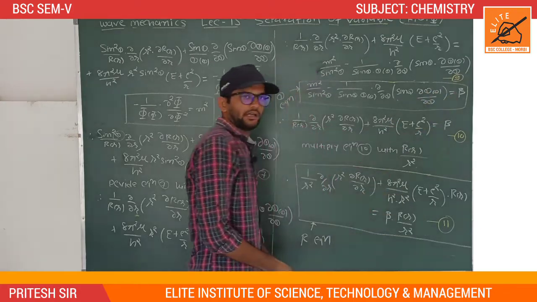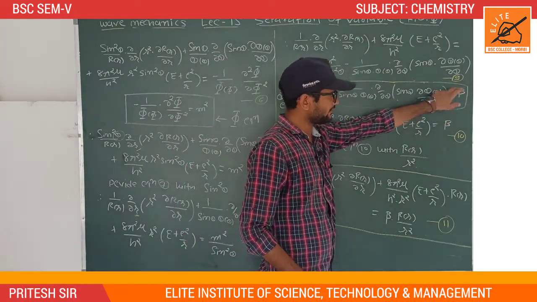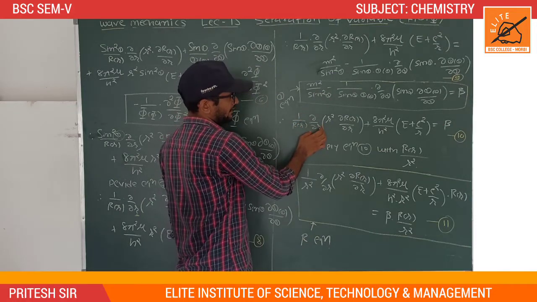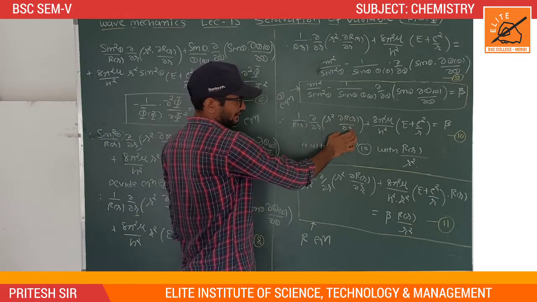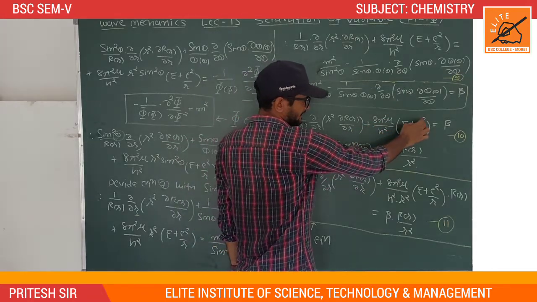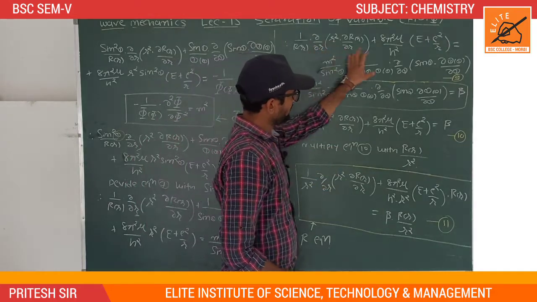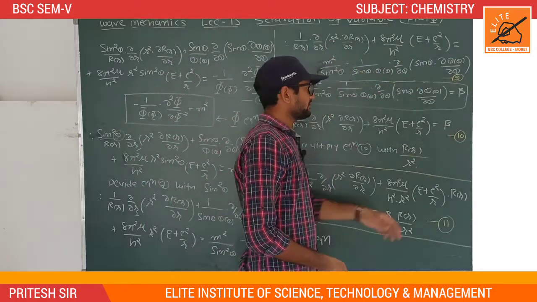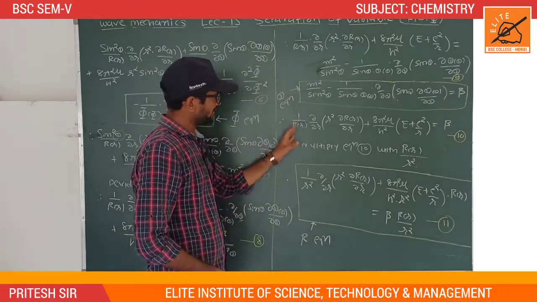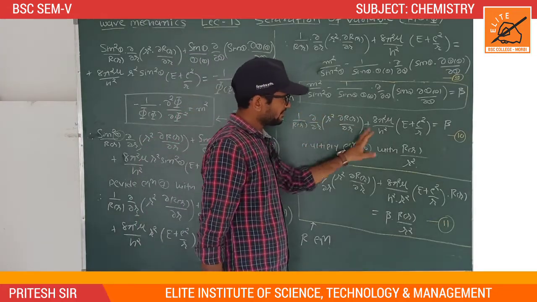Okay, so I put the value of the right hand side equal to beta in equation number 9. 1 upon R of r into del by del r r square into del R upon del r plus 8 pi square mu upon h square E plus e square upon r is equal to the value of the right hand side. It means the whole term will become beta. So this is the r equation. We separate out the second variable, that is theta. So this is equation number 10.